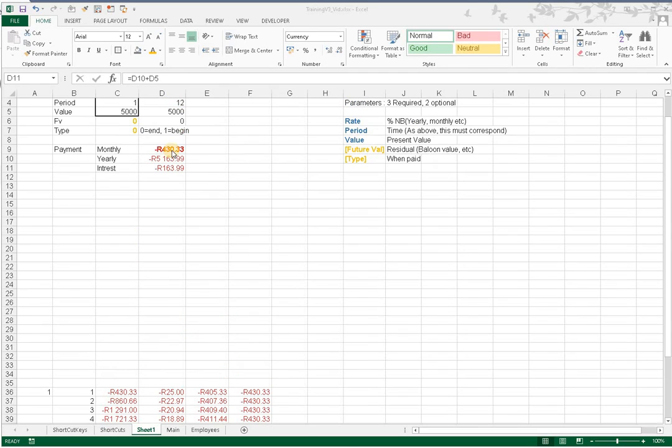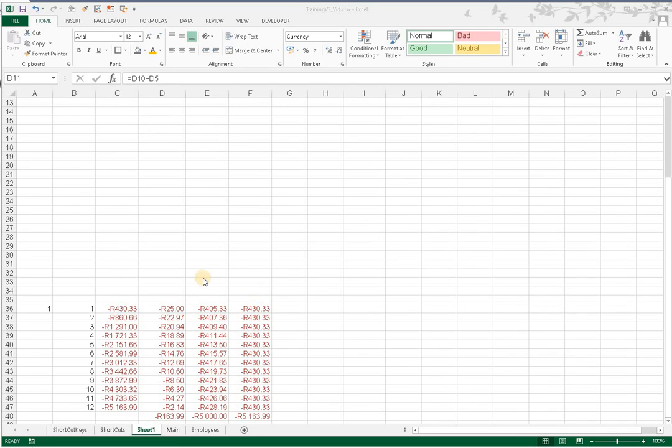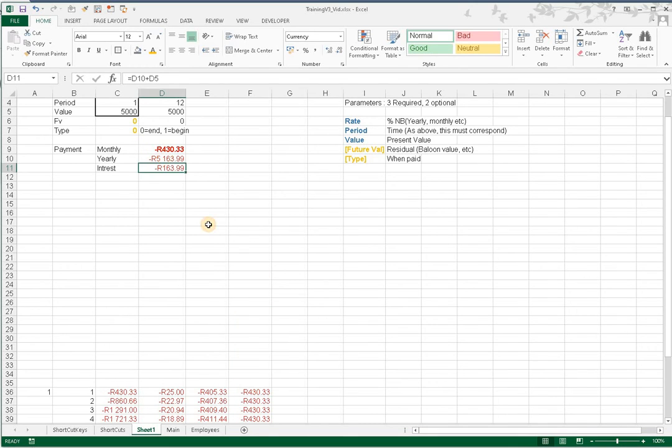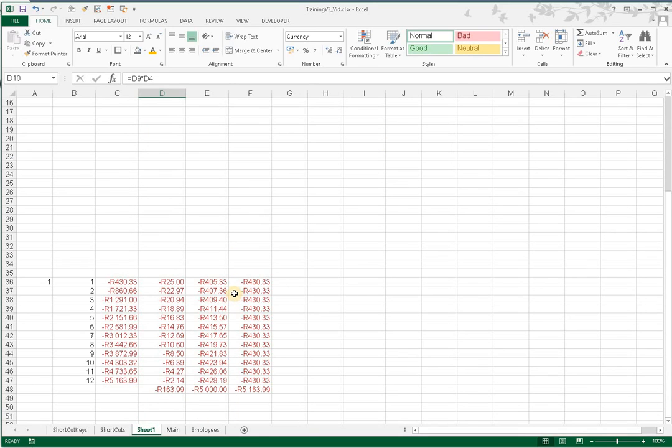The money that we borrow is 430 Rand, which means that for the whole year, the money that we repay stays the same. If I add that all up, I get to my repayment of 5,163.